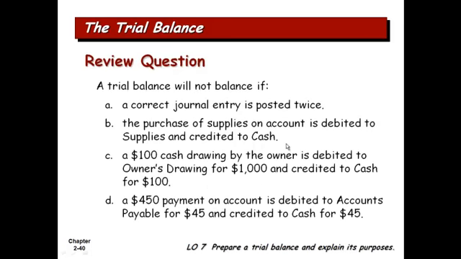So let's go over a review question. A trial balance will not balance if: A, a correct journal entry is posted twice; B, the purchase of supplies on account is debited to supplies and credited to cash; C, a $100 cash drawing by the owner is debited to owner's drawing for $1,000 and credited to cash for $100; D, a $450 payment on account is debited to accounts payable and $45 and credited to cash for $45.